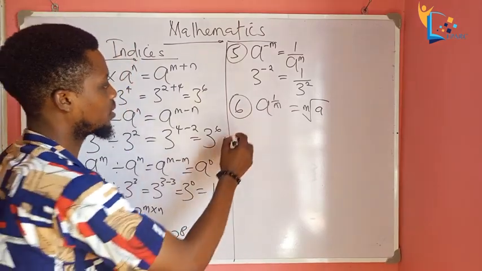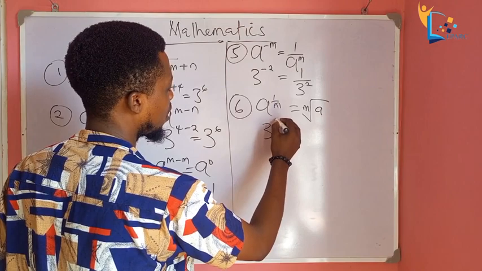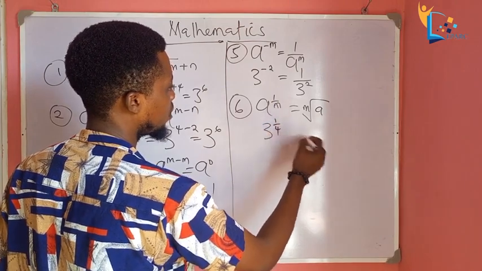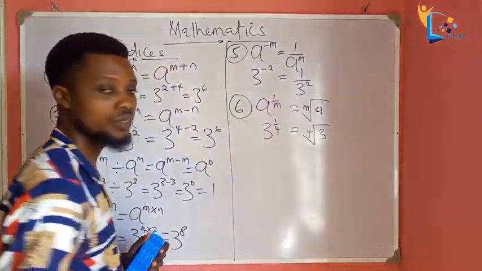Let's have an example for this. Let's have 3 raised to power 1 over 4. It's the same thing as saying the fourth root of 3, okay.